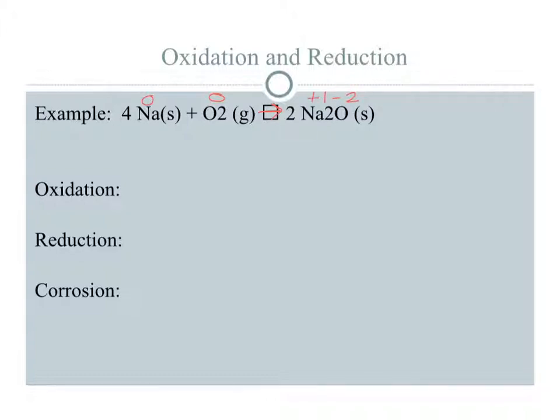This is +1. So oxidation is the loss of electrons, or as we say, LEO, loss of electrons is oxidized, and our oxidation number increases. So here I'm going from 0 on the Na to +1, so this is oxidized.